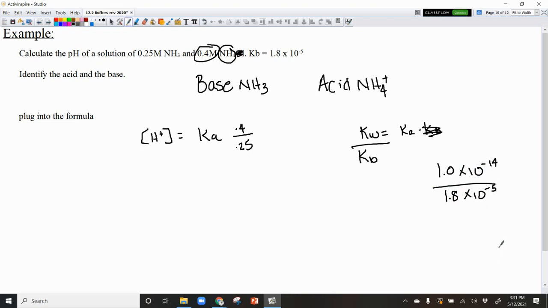Okay. 1.0 times 10 to the negative 14 divided by 1.8 times 10 to the negative 5th, 5.56 times 10 to the negative 10. Okay, so we substitute this in for this right here, and we get our answer.